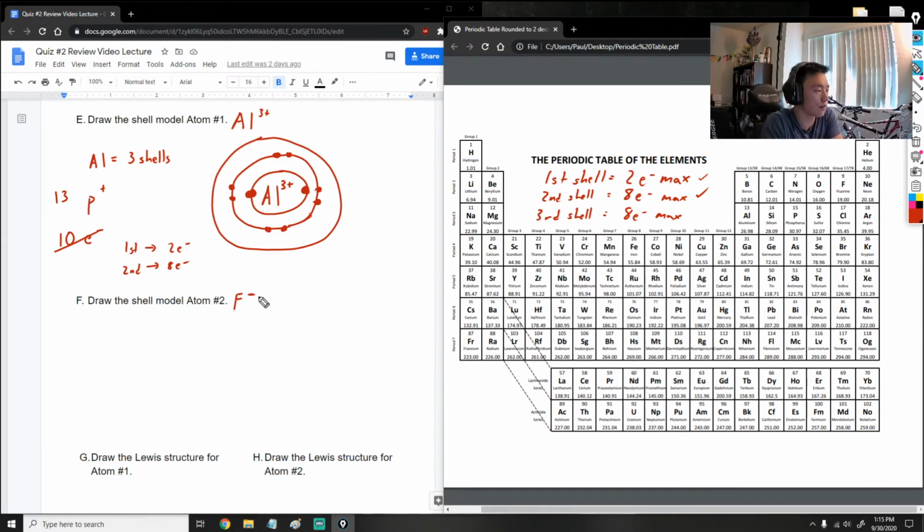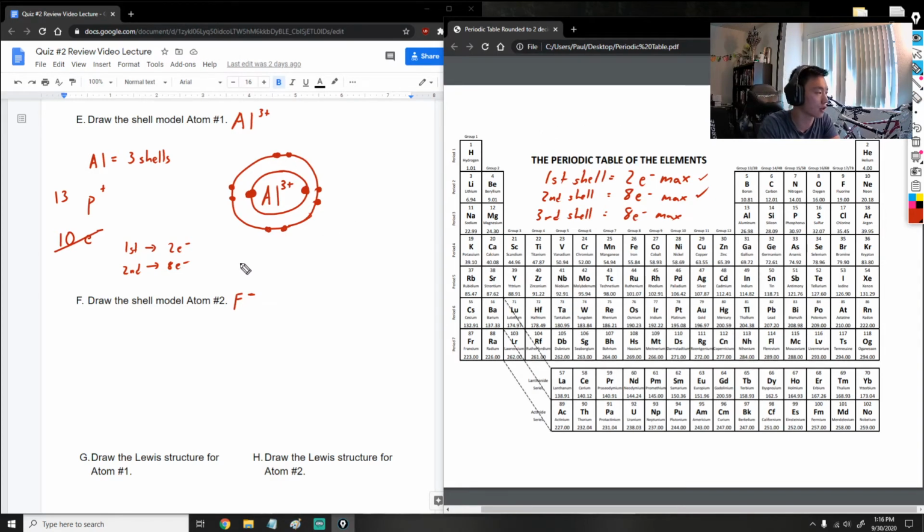Okay, so now we have a problem, because we filled up the first 2 shells, and we always want to start from the inside out. But if you look at this third shell, there are no electrons there. If you remember from your notes, if there are no electrons, that means there's no shell. So since the third shell had no electrons in it, that third shell doesn't exist.